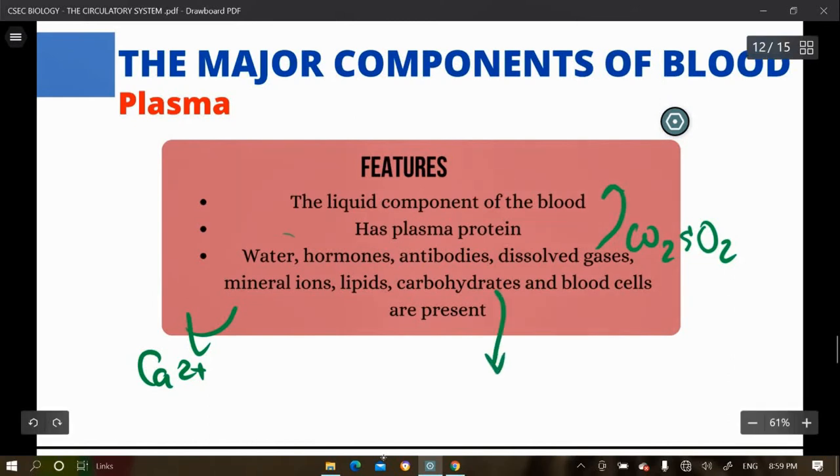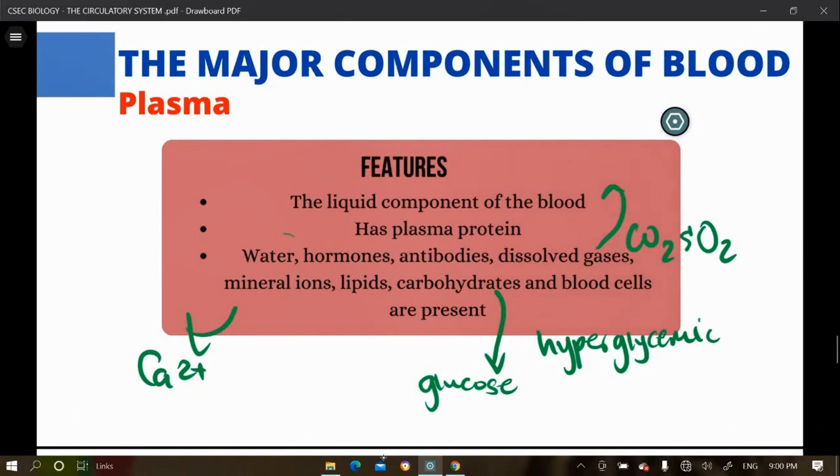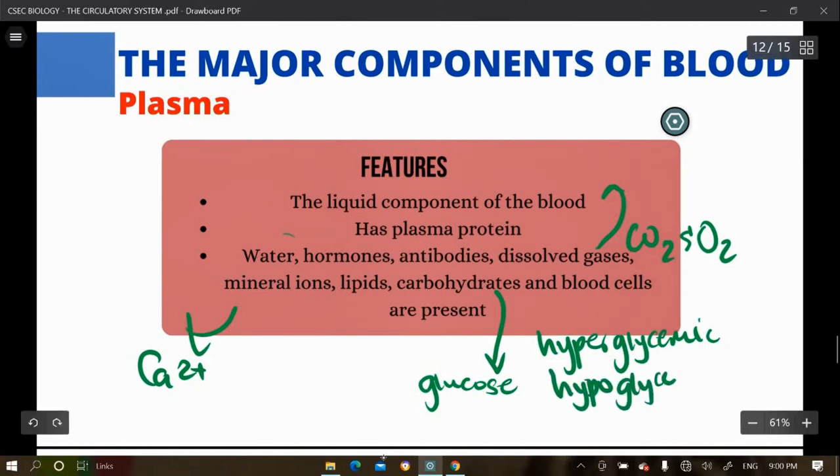This may sound familiar for some of you. Glucose is a carbohydrate that is found in the blood. Now, when you have high glucose levels, you're said to be hyperglycemic. And when you have low glucose levels, you're said to be hypoglycemic.